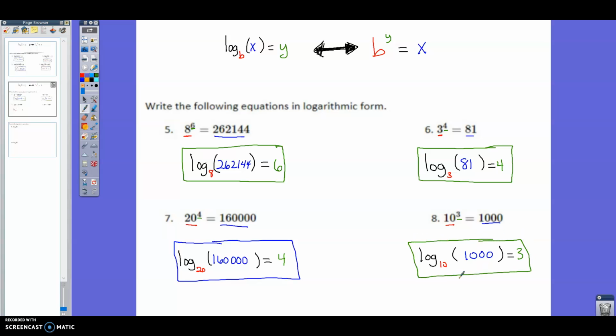Now this is also a special case of logs because it has a base of 10, so this is what's called the common log. So anytime that you write a log with no base, it's assumed that the base is 10. So this one could also technically be written as log of 1,000 equals 3. So either one of these is correct.